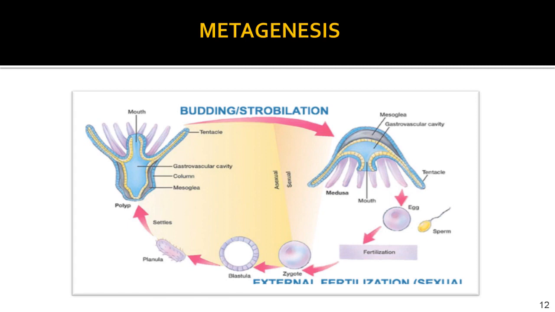Is it clear? So this alternating formation of polyp as well as medusa is known as metagenesis. Understand? Polyp is producing medusa, medusa is producing polyp form, right? So this alternating form of the phylum Cnidaria is known as metagenesis. Is it clear?